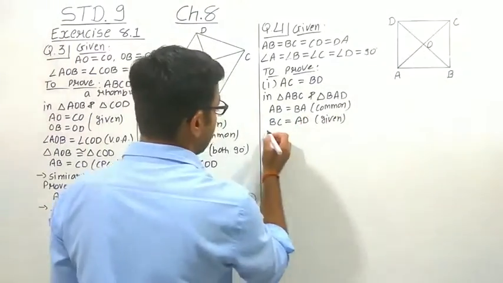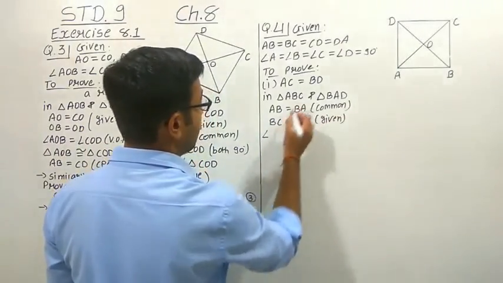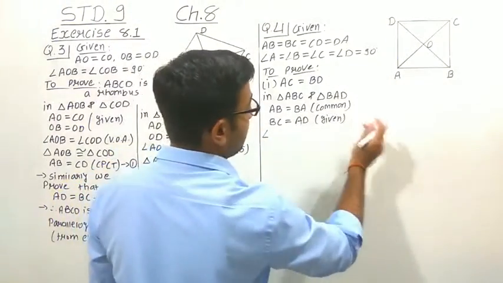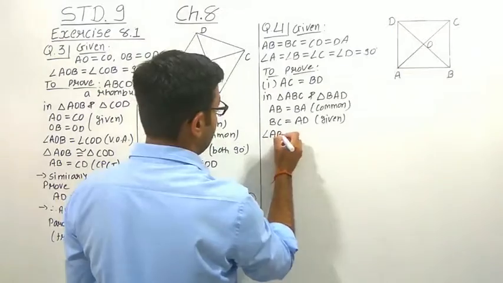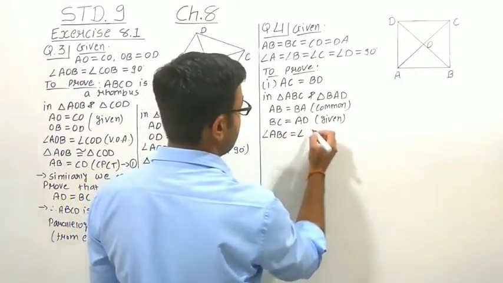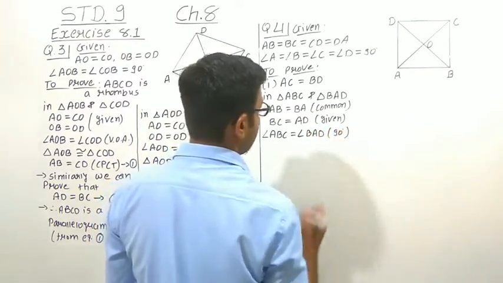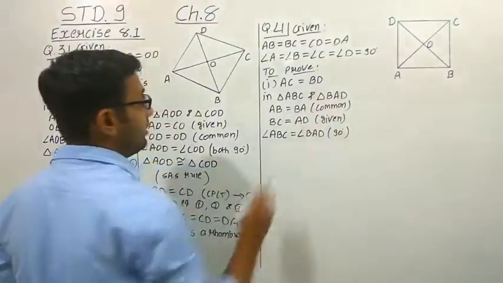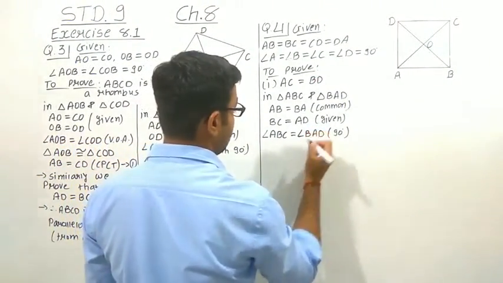In the same way, the angle is also equal. So here we can write down that angle ABC is equal to angle BAD. Both are of 90 degrees. Also that condition we have written down in the given. So here also we can write down that it is a given condition.